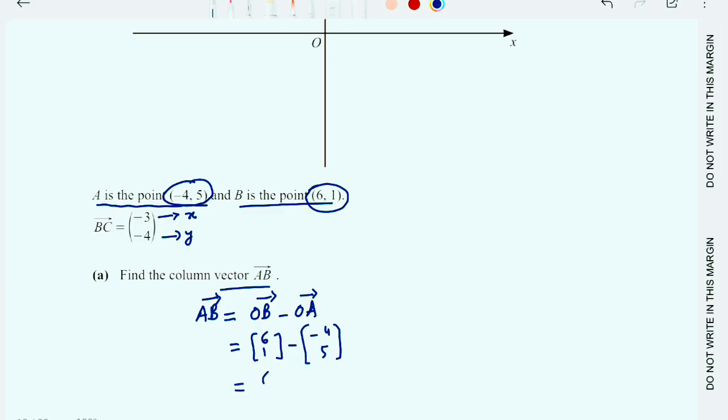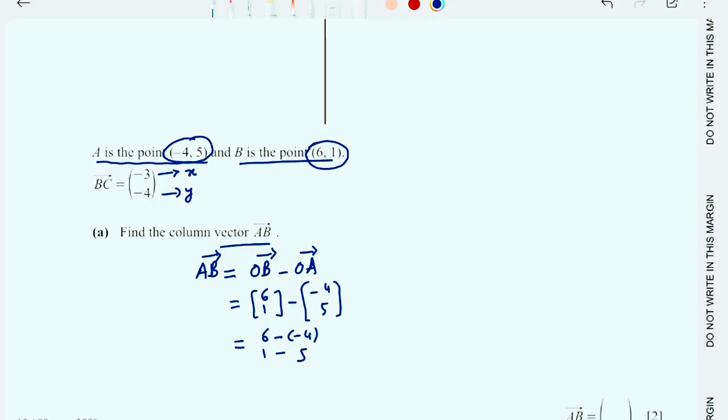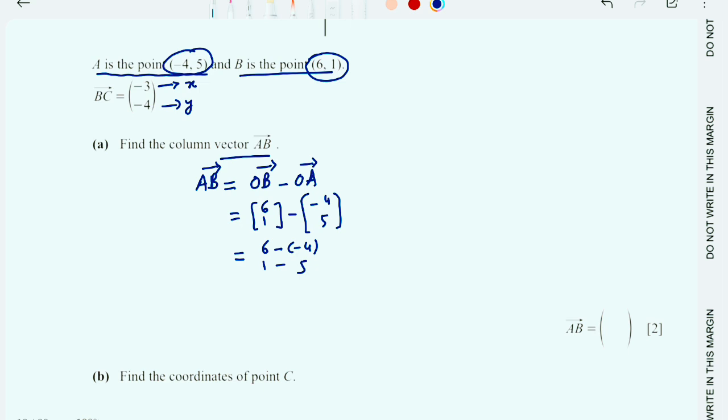We subtract 6 minus minus 4, and 1 minus 5. 6 plus 4, 1 minus 5, it would be (10, -4). This would be the answer. Next part.